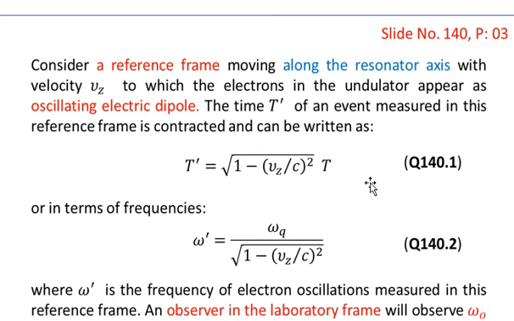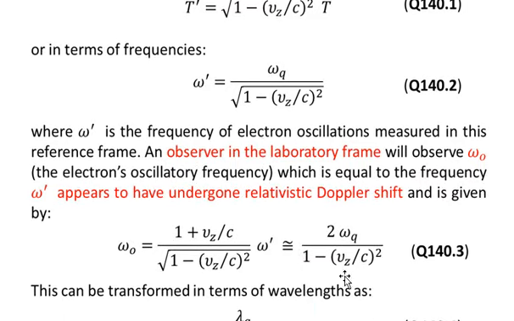Multiplying by 2 pi on both sides, you can introduce the corresponding frequencies: omega prime equal to 2 pi over t prime, and omega q equal to 2 pi over capital T. So we have omega prime equal to omega q divided by the square root of 1 minus (Vz over c) whole square, as shown in equation number 2, where omega prime is the frequency of the electron oscillations measured in the reference frame moving with the velocity Vz.